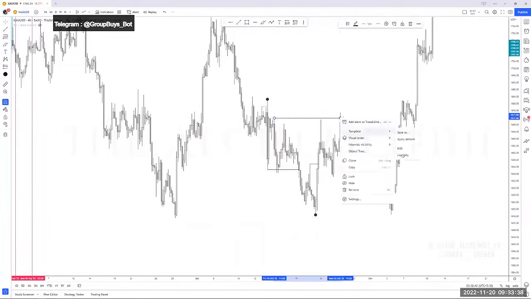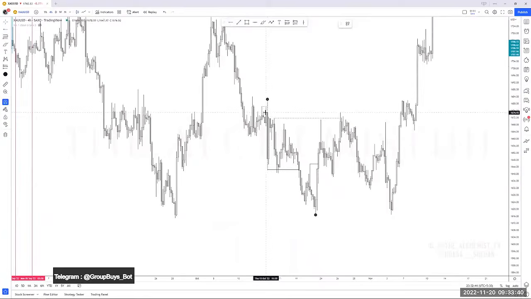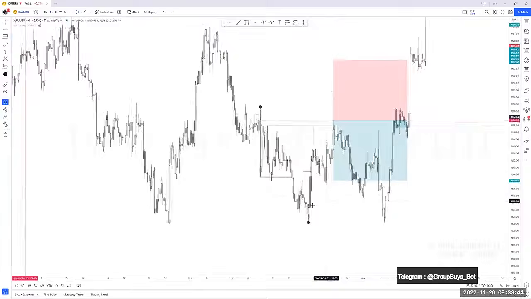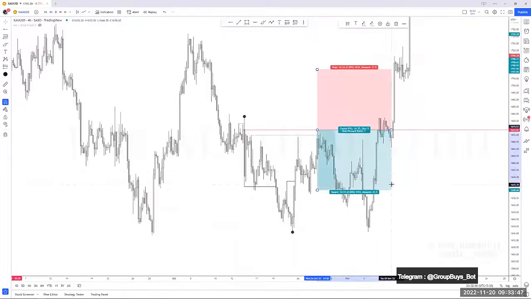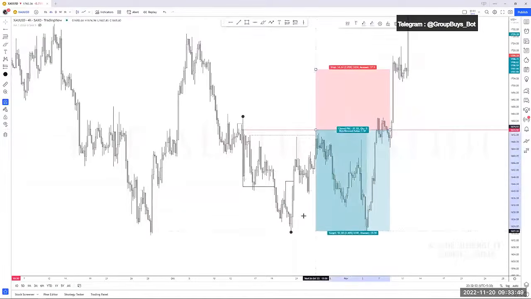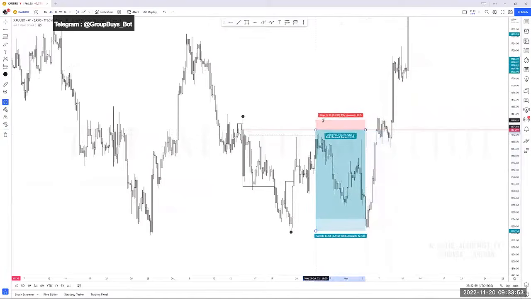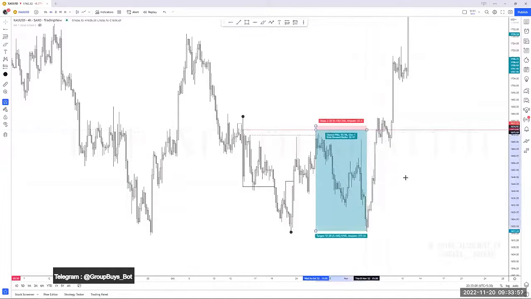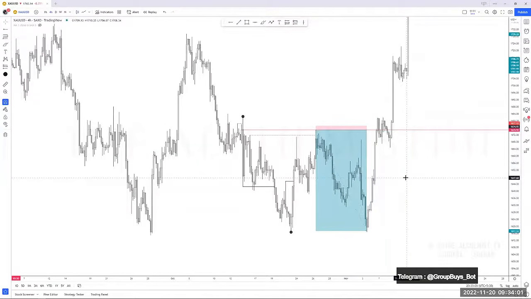And what is this? A resistance. Can you see the resistance right here? And where do I target? External range liquidity, which aligns with the weekly, and a 20 pip stop loss. This is the same exact entry that I showed you, right?